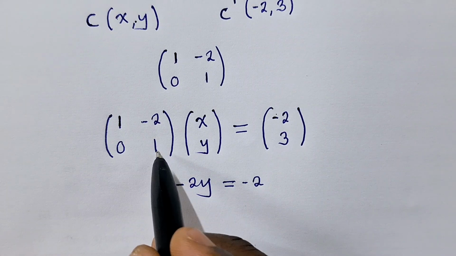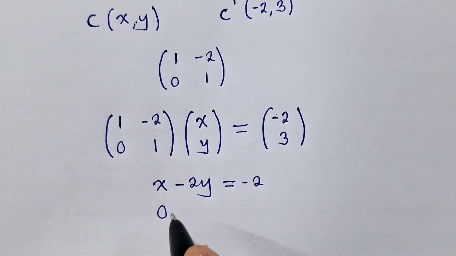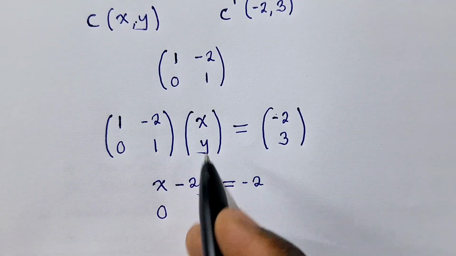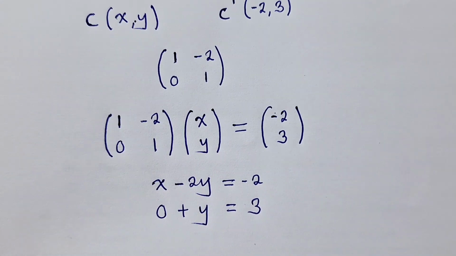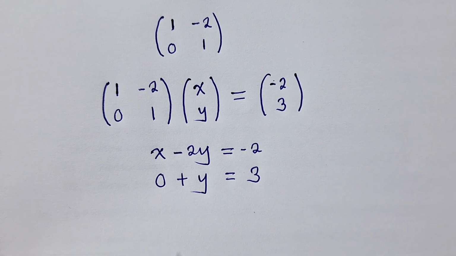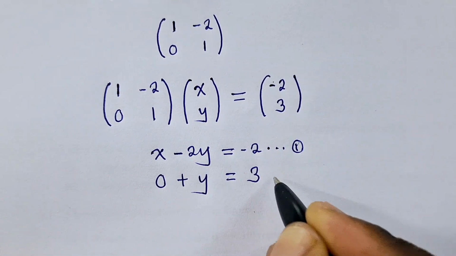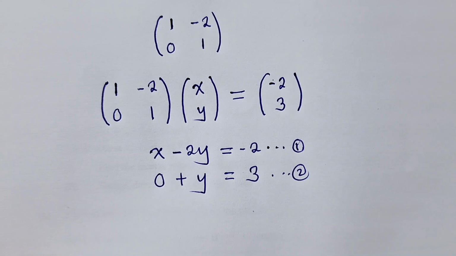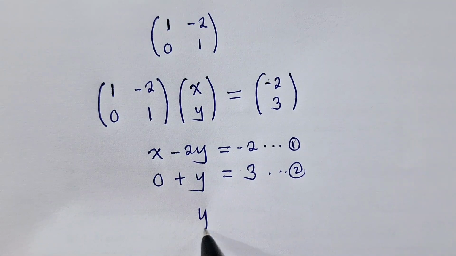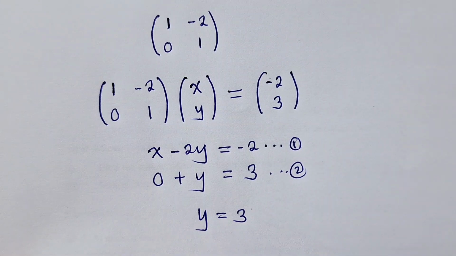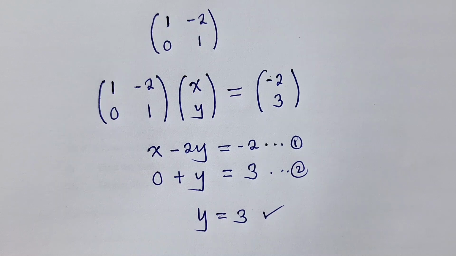We come to this row right here: 0 times x will be 0, plus 1 times y will be y, which is equal to 3. Now we can say this is equation 1 and this is equation 2, so we solve them simultaneously. We say y is equal to 3, since this is a 0. So the value of y is 3. We found one solution there.